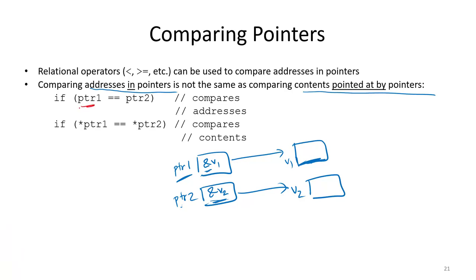So here, if PTR1 double equals PTR2, this will compare the memory addresses stored inside each pointer.